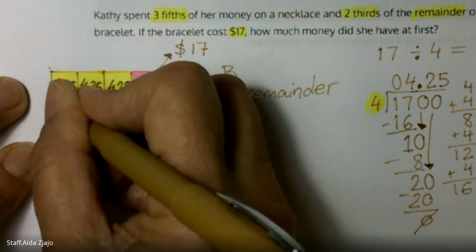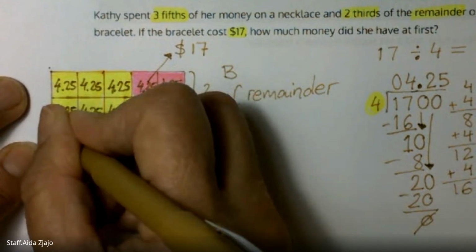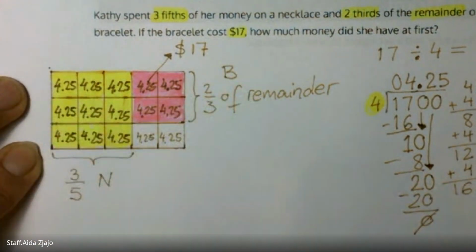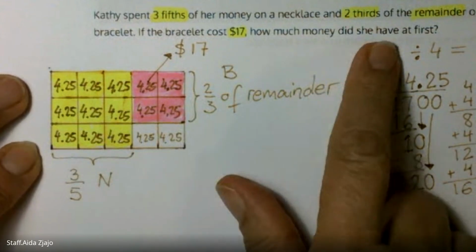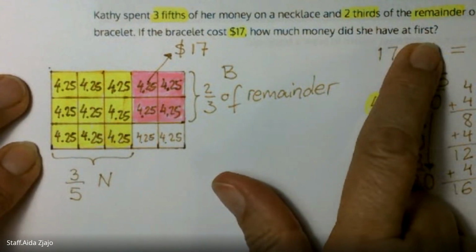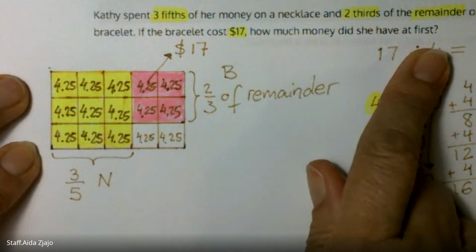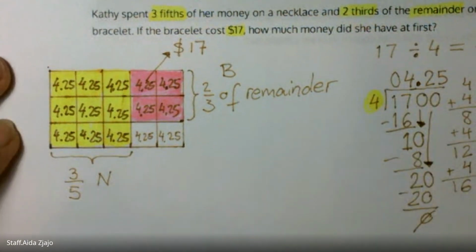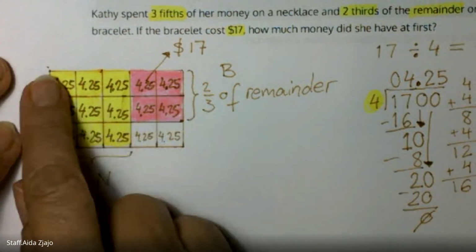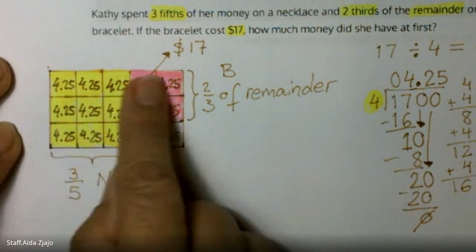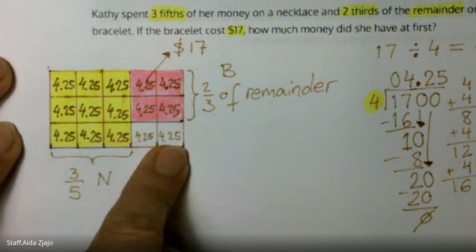So the question they have is that we need to know how much money did she have at first? So when we know 1 unit is 4.25, we know then 3 times 5, there are 15 units: 5, 10, 15 units.